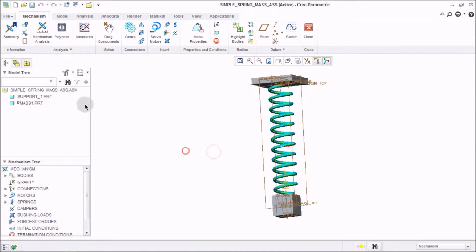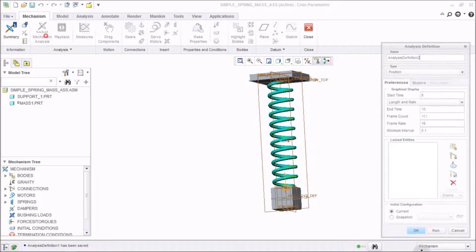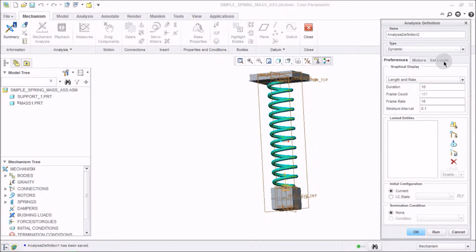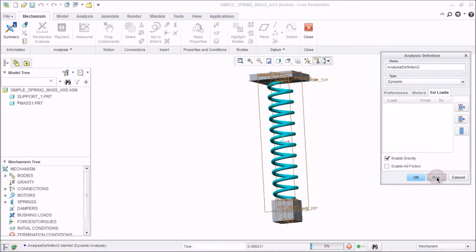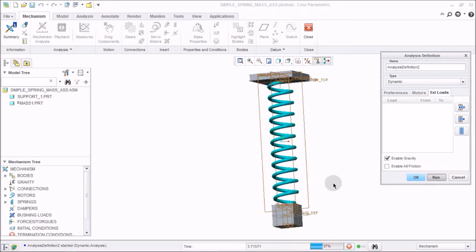So we select this and regenerate our assembly so our initial condition can be achieved. Go to mechanism analysis, select dynamic analysis, enable gravity, then run the analysis. As we see, this system is going to behave like a vibrating system.